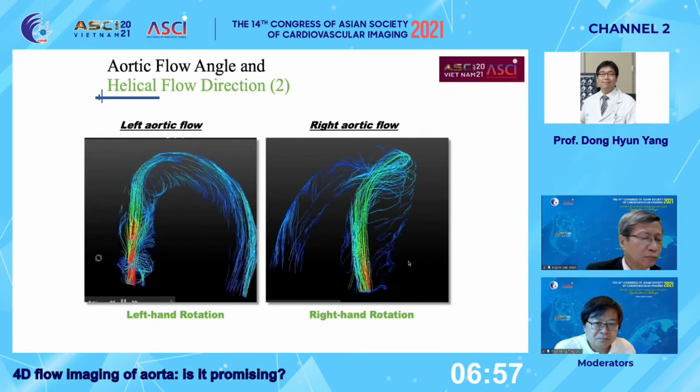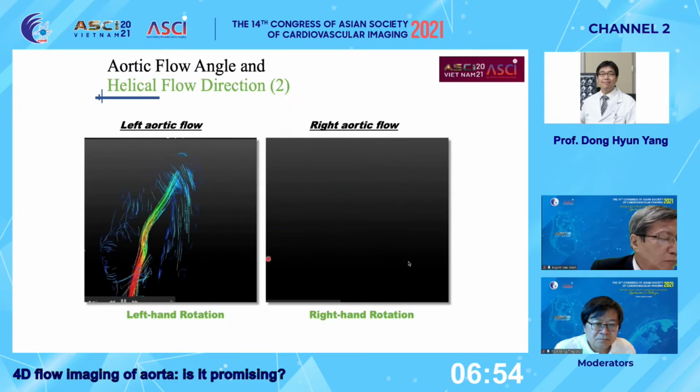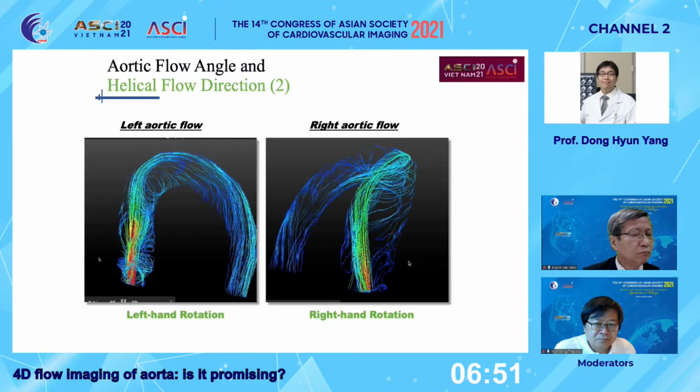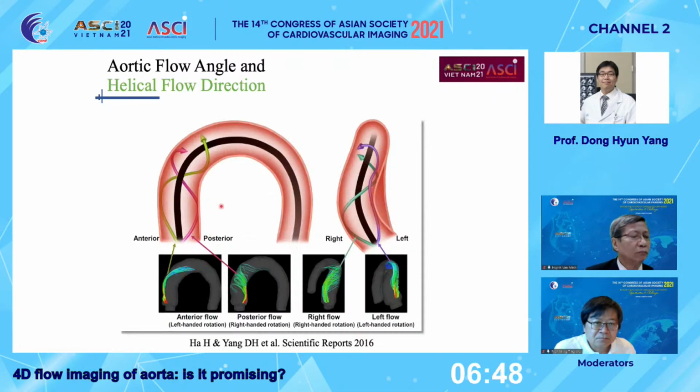Right aortic flow results in right-handed rotation. And this panel summarizes the association between aortic flow angle and helical flow direction. This phantom study suggested that helical flow itself may be a result of aortic inflow angle, not of valve morphology.